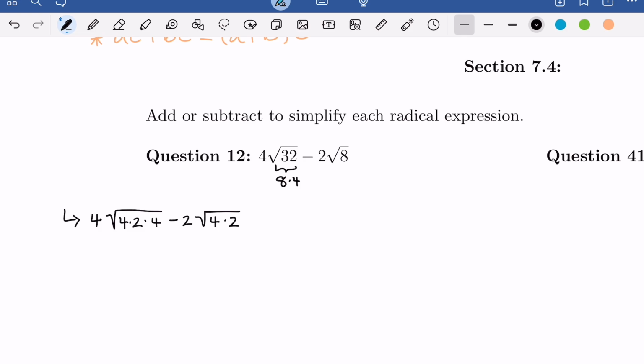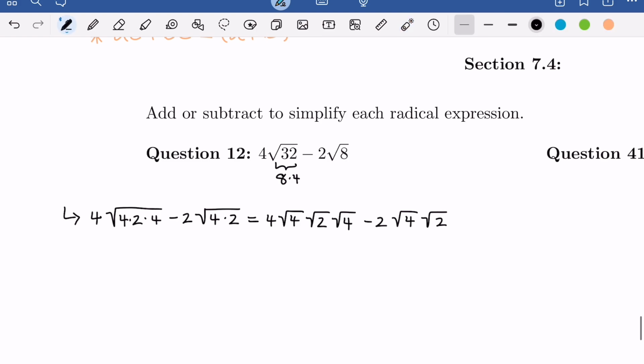All right, so using our product rule for radicals that we saw in the last section, this is the same thing as 4 times the square root of 4 times the square root of 2 times the square root of 4. And then similarly for our second term, breaking these up. Now you don't have to break it up step by step like this. I'm just emphasizing what we're doing, showing each step so we can follow along. So from here, we have the square root of 4 and the square root of 4, and we know that these are both 2.